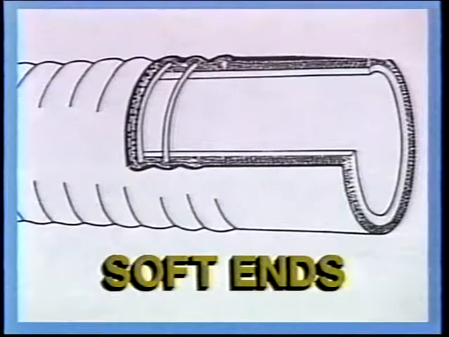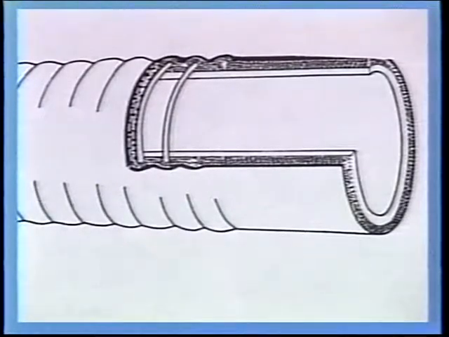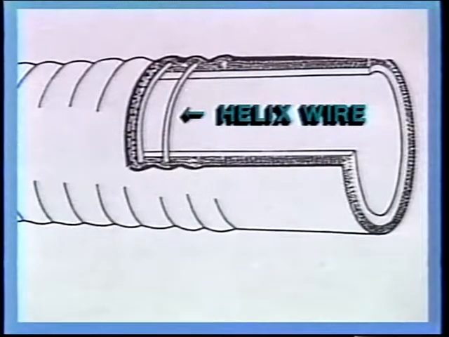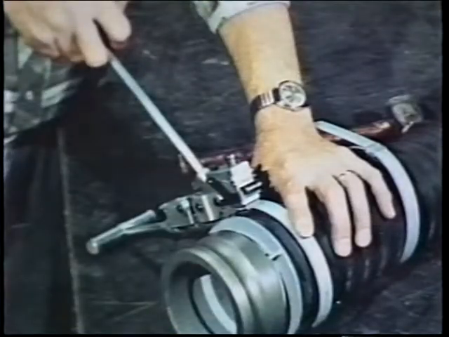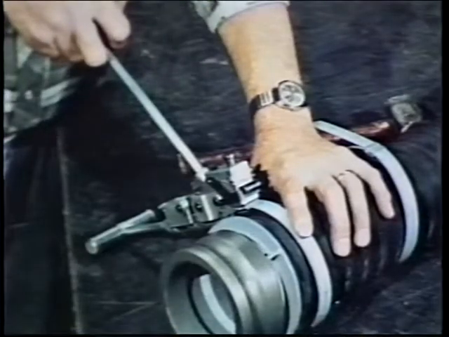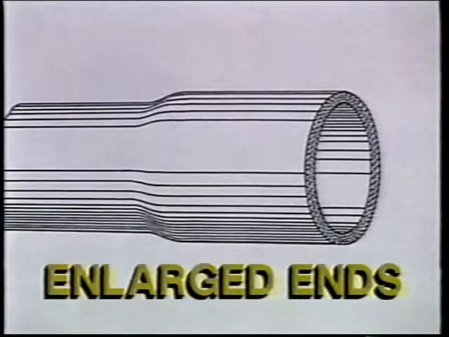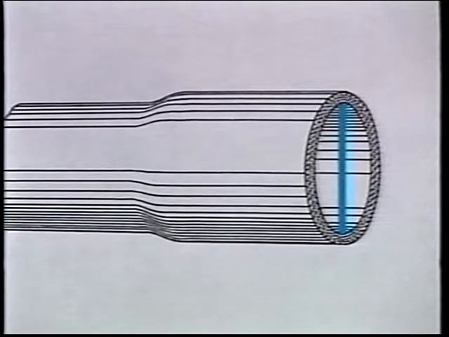Soft ends refer to hoses with helix wire in the reinforcement, where the wire is omitted from the ends in the coupling area. This permits increased coupling retention when using bands for installation. Enlarged ends are similar, except the ID of the end is enlarged to a greater diameter than the ID of the main body of hose.